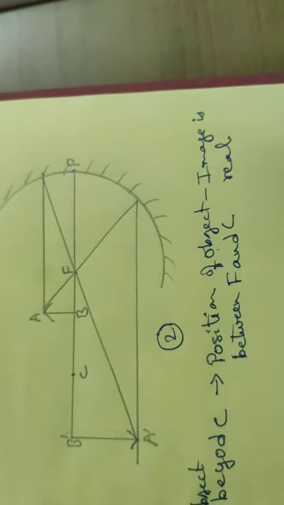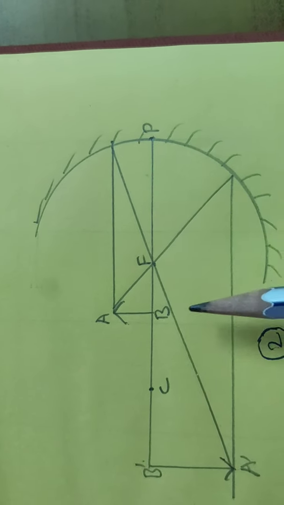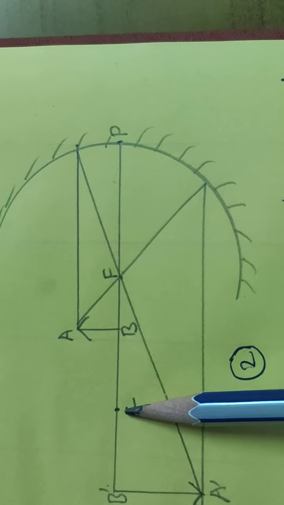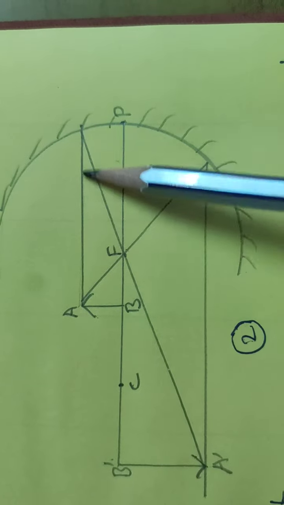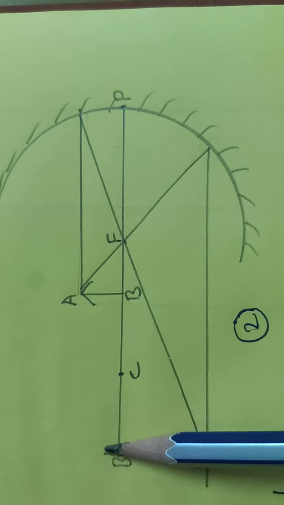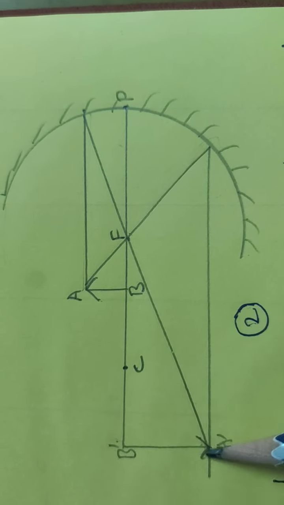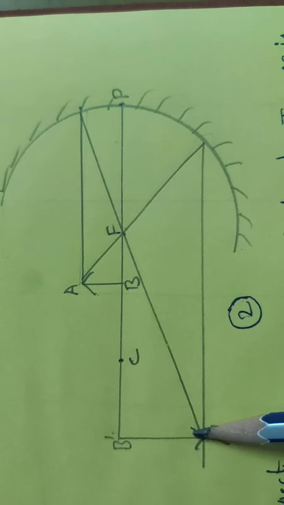Now let's come to the second one. In the second drawing, we have placed the object between the focus and the point of curvature. Similarly, the rays of light are going, and this is how we get the image on the screen. The image is inverted.